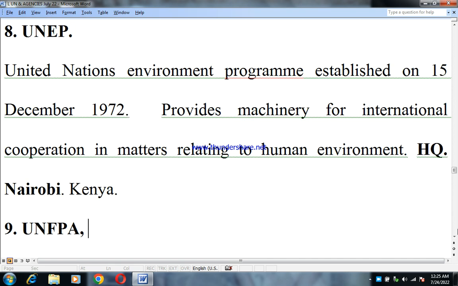Number 8, very important, United Nations Environment Program, established on 15th December 1972, provides machinery for international cooperation in matters relating to the human environment, and its headquarters is in Nairobi, Kenya, Africa.